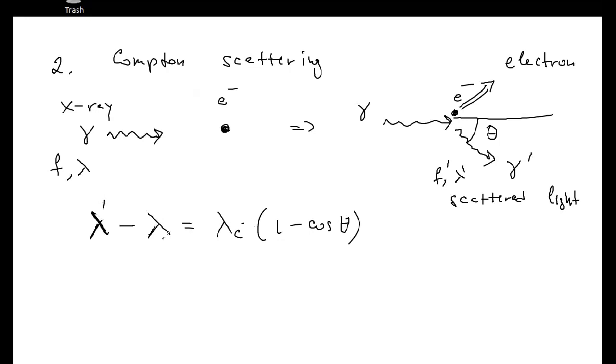And I can relatively easily change it to frequency as well. So maybe something like this: 1 over lambda minus 1 over lambda prime would be lambda c over lambda lambda prime. And if I multiply it by the speed of light, then it's going to be the shift in frequency.